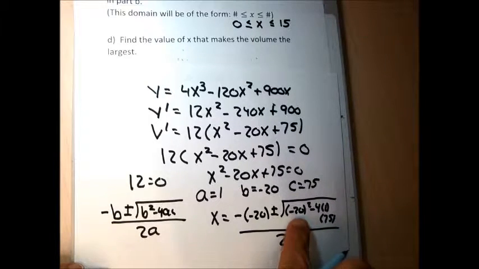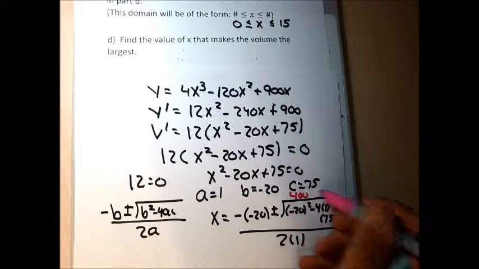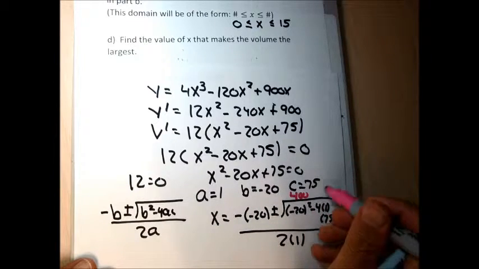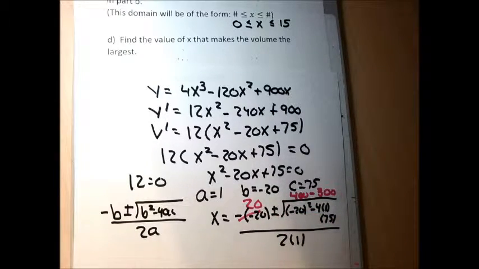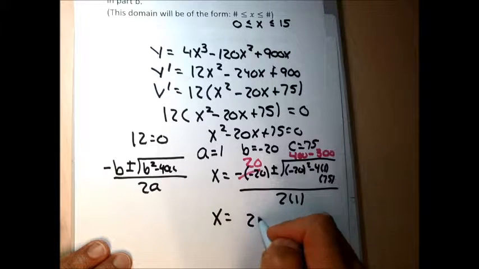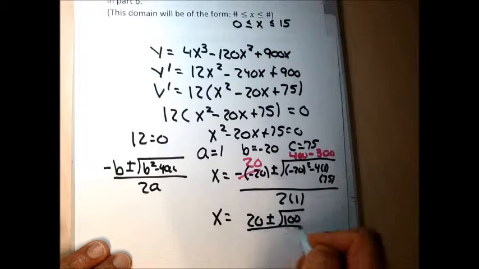Negative 20 squared is 400, and 4 times 1 times 75 is 300, so 400 minus 300, and the double negative turns into a positive. This simplifies to x equals 20 plus or minus the square root of 100, over 2.